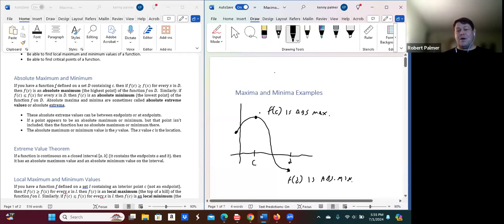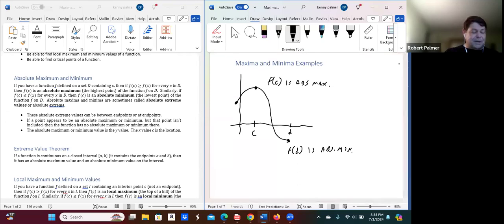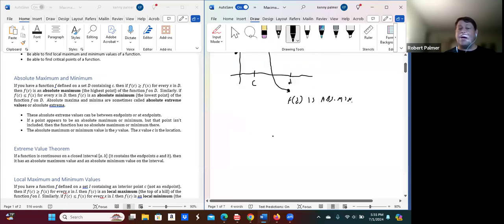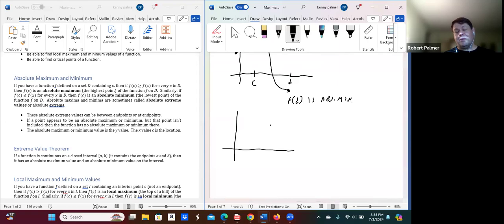So that's the basic idea: look at the highest point of the graph or the lowest point of the graph. Once again, that can occur at the endpoint, or anywhere in between. Now, a couple of things. It doesn't have to be a really nice graph like this. Some unusual things can happen. So let's draw another one. A function looks like this.